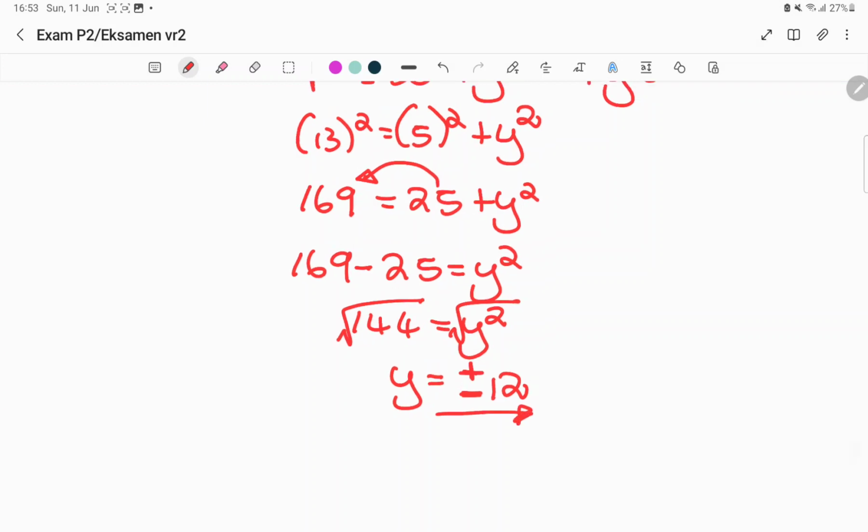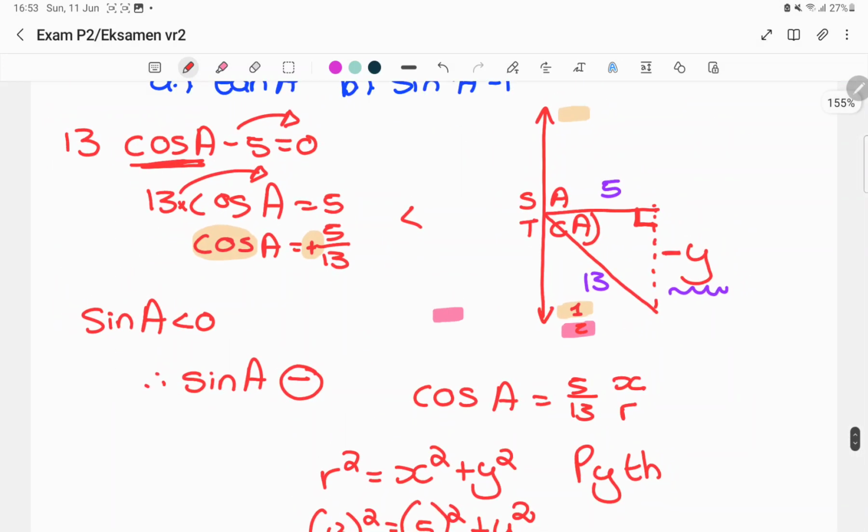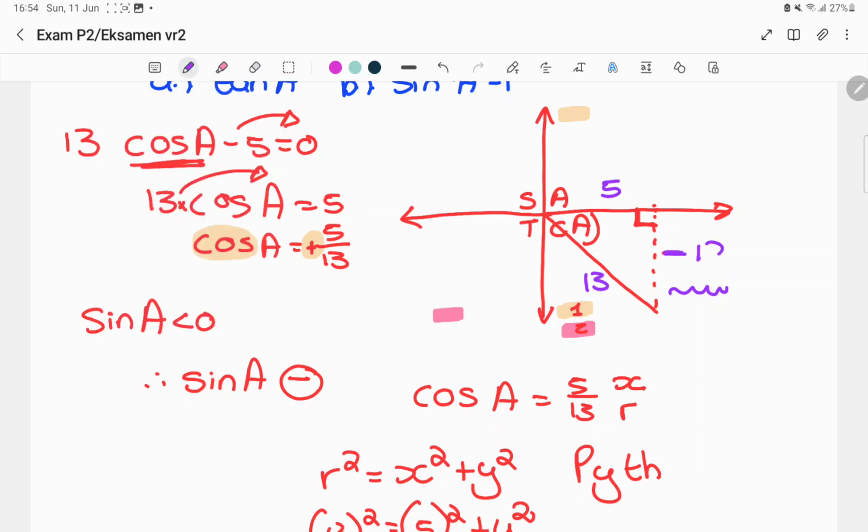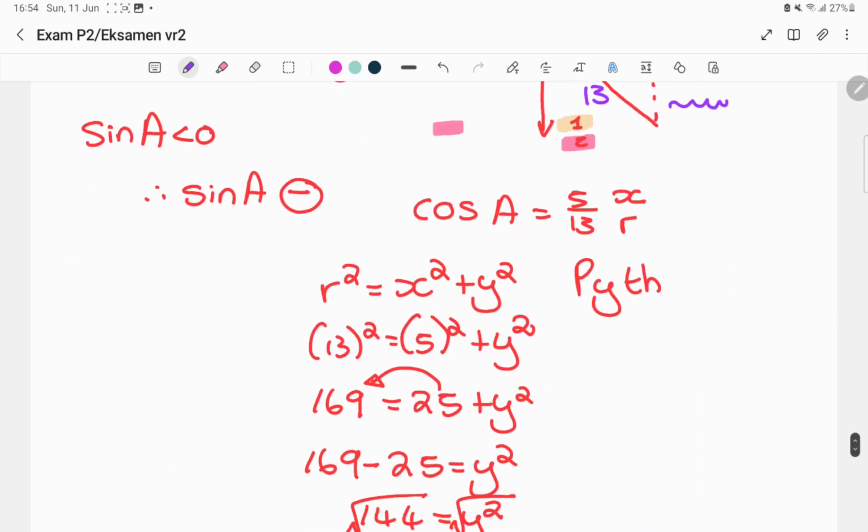Looking at the position, y is on my negative axis. It is at the bottom, so it means it will be negative 12. Now that I have all my values, I can start answering my questions.